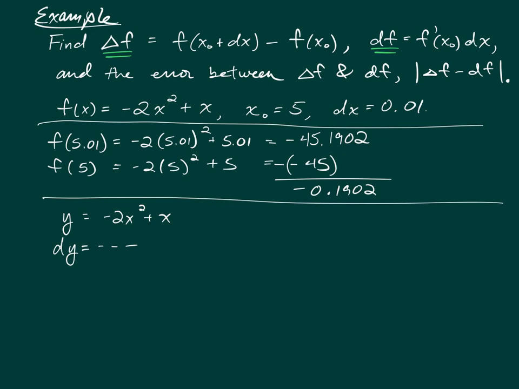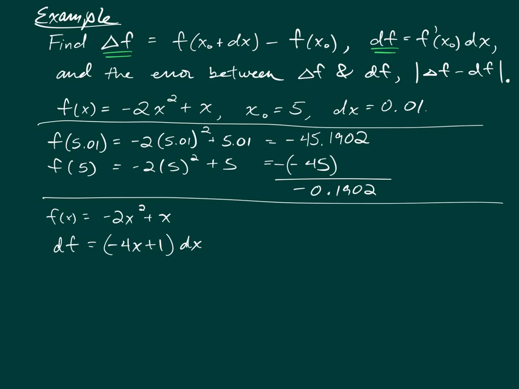But since it is not y and is instead f of x, we find the differential df. So it's still done the same way. We just find that the differential df is the derivative of this side, so negative 4x plus 1 times dx.